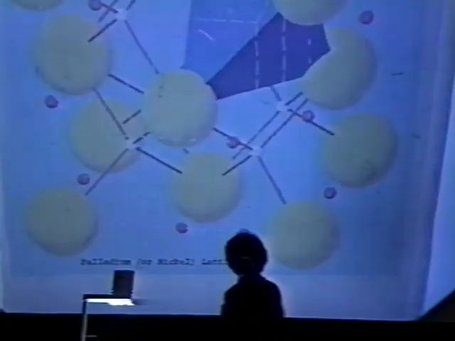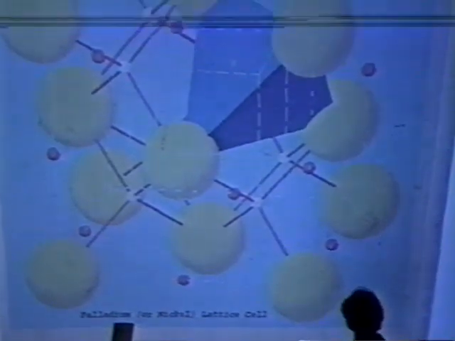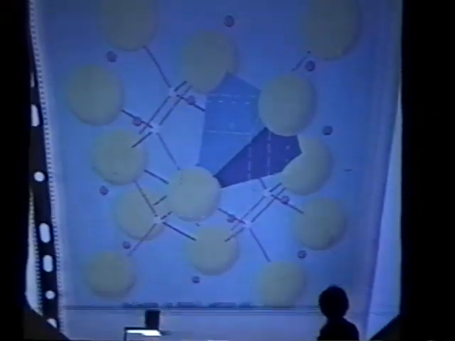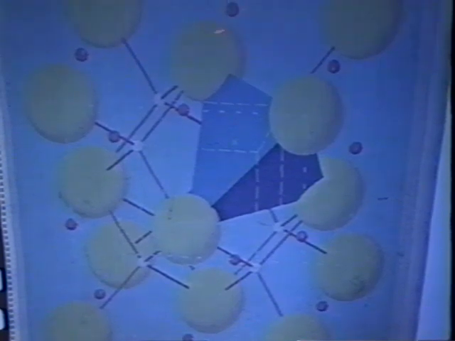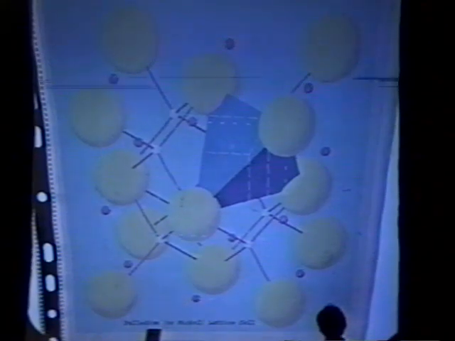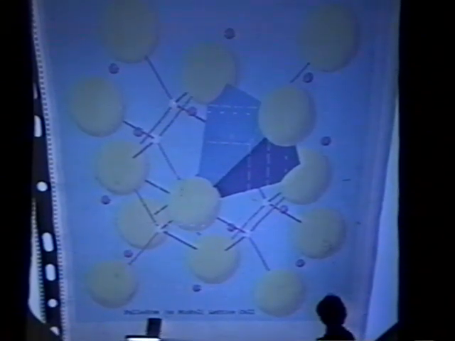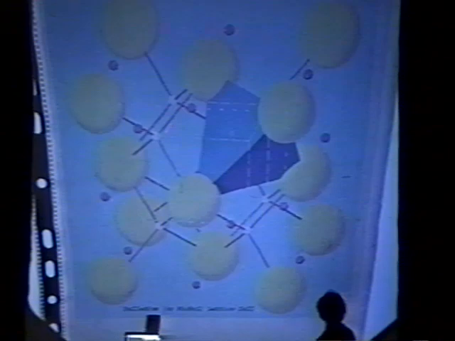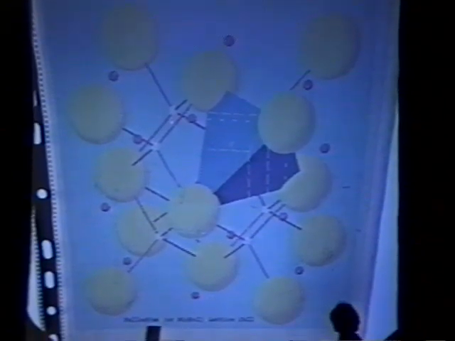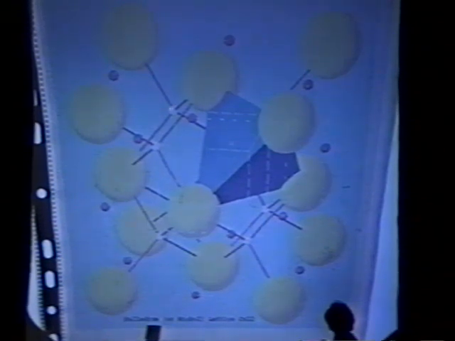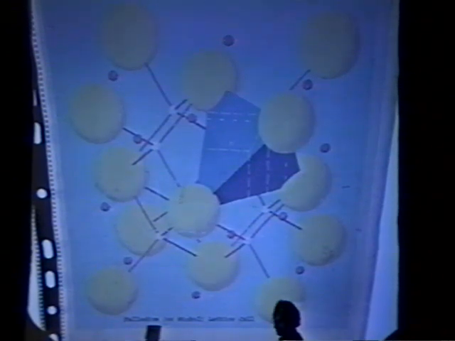Let's have a look at the particular structure of the lattice cell. The yellow spheres are palladium or nickel atoms, the small red ones are hydrogen or deuterium, and the small white spheres are tetrahedral sites. We can see that the tetrahedral sites belong to the intersection of two planes, the 101 plane and the 101 bar plane.